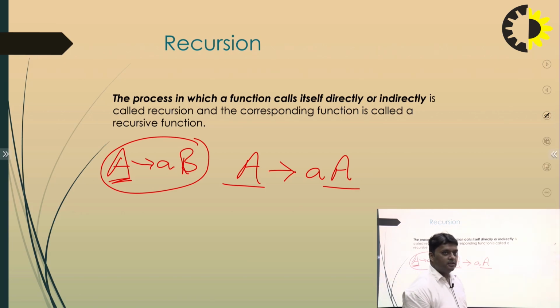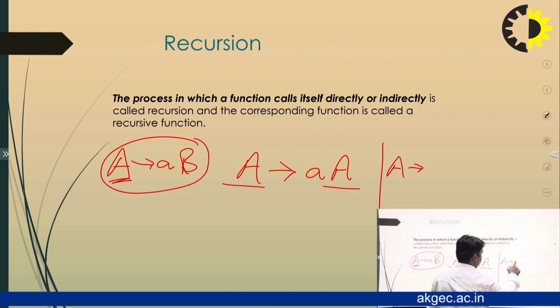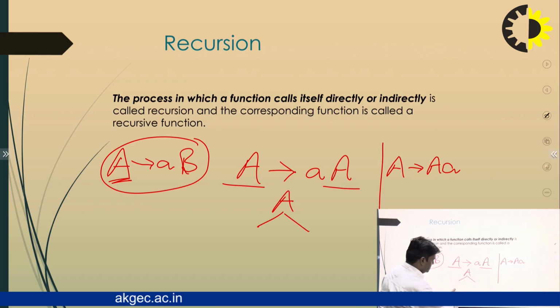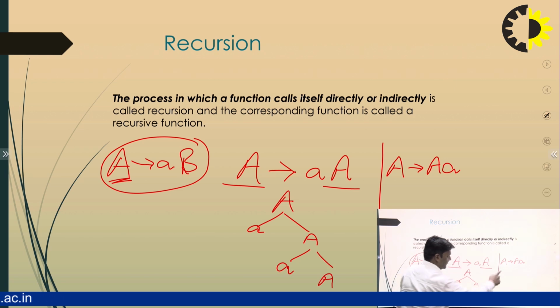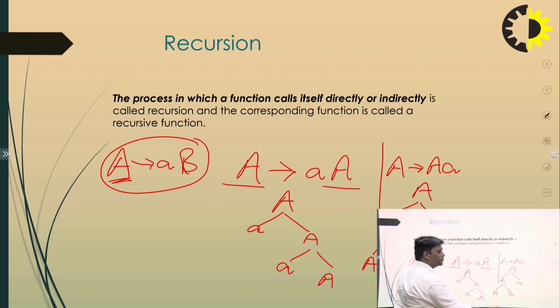Recursion is basically of two types, left and right recursion. If we derive the derivation tree of A implies A and so on, this is recursion.